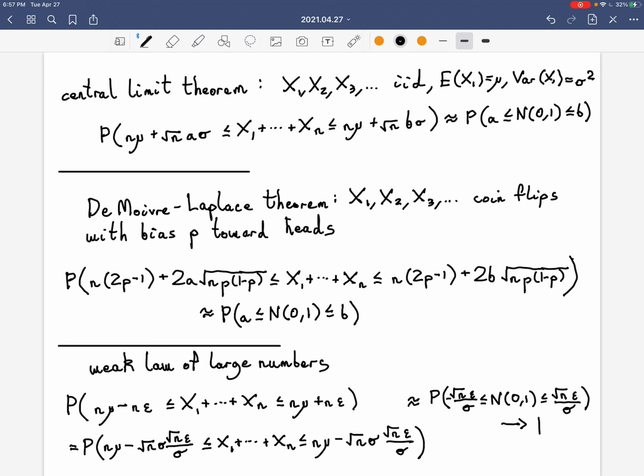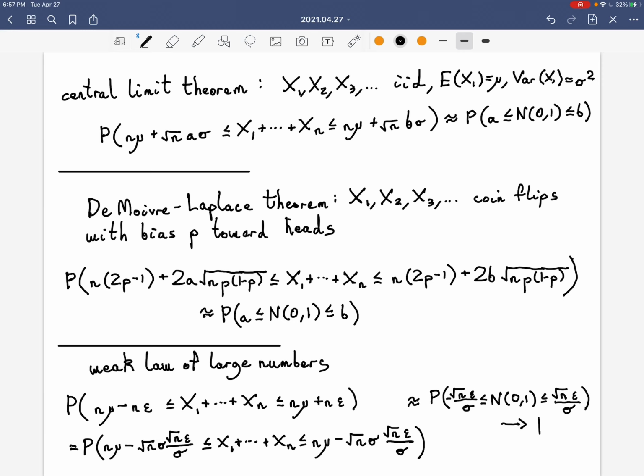So we start with the probability that n mu minus n epsilon is less than the sum, and the sum is less than n mu plus n epsilon. And we got those bounds by transferring the normalizing division by n in the average to a multiplication on the bounds.